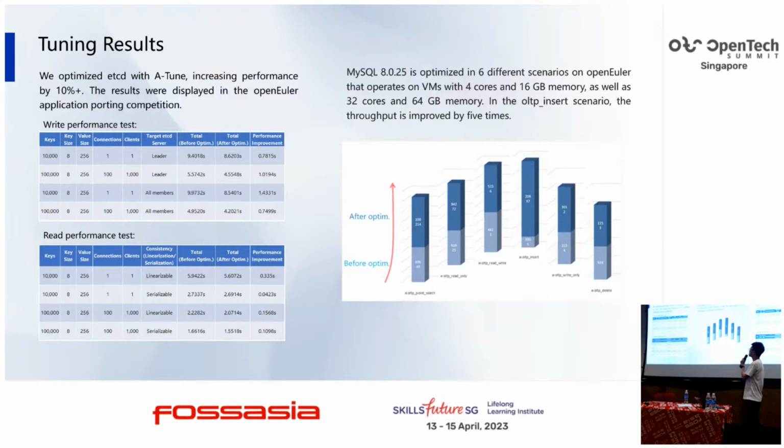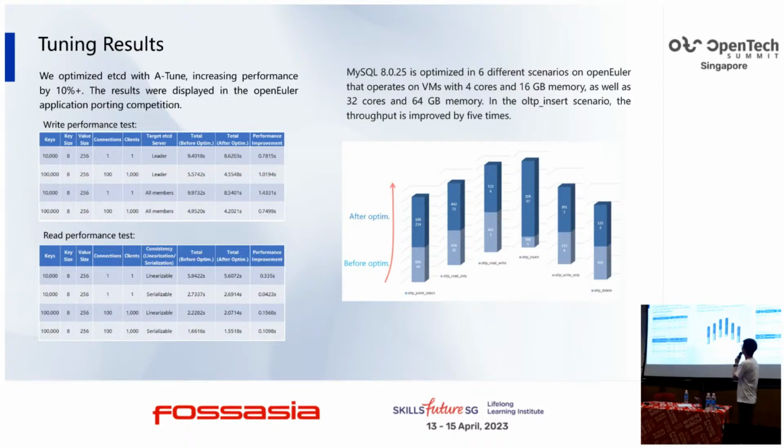Now, there are also several other tuning results. For example, we optimized the etcd system with A-tune, increasing performance by more than 10%. The results were displayed in the openEuler application porting competition. And we also optimized MySQL.